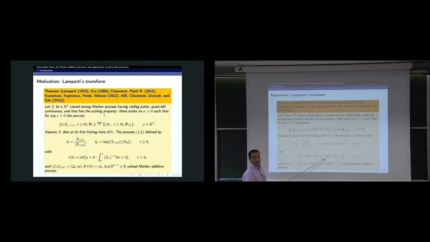It's essentially the same as the one I used for the positive case, but I replace X by the norm of X. This couple is no longer a Lévy process in general, but the couple is a Markov additive process.